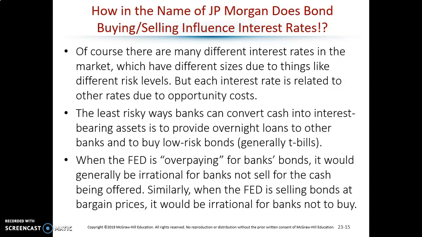And everything is related to the next closest thing, all the way down to the bottom of the barrel in terms of low interest rates, where you have the absolute lowest risk loans, which are loans to the federal government through bonds. And of course, when bonds are bought, they're oftentimes not freshly issued by the federal government.